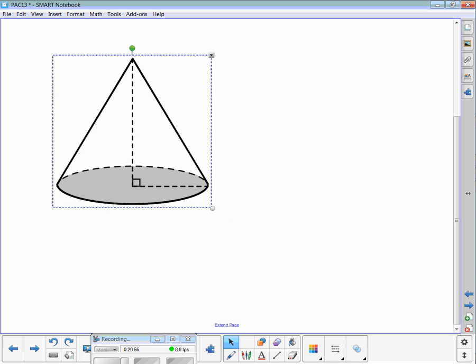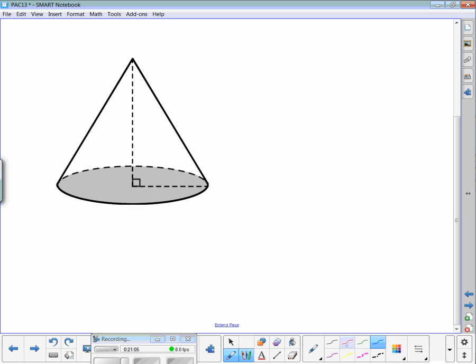Okay, so there we have a cone, right? And we know what cones are. So again, you have, in this case, not two bases, but you'll have one base, right? And obviously the base is a, what kind of shape? Circle. And then the cone part, in your mind, would be the lateral surface.